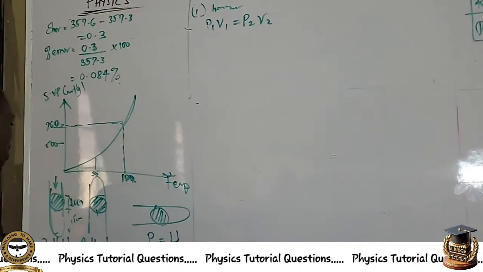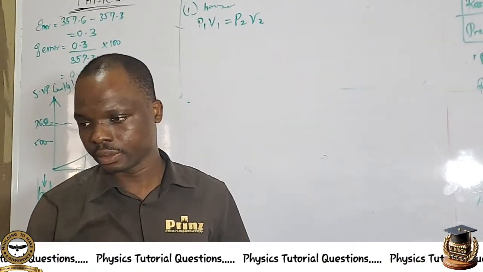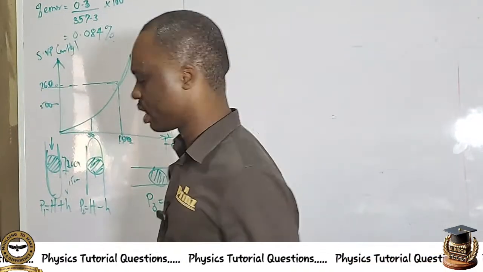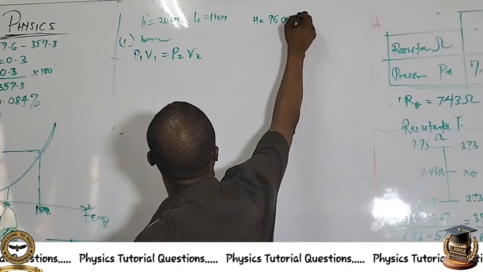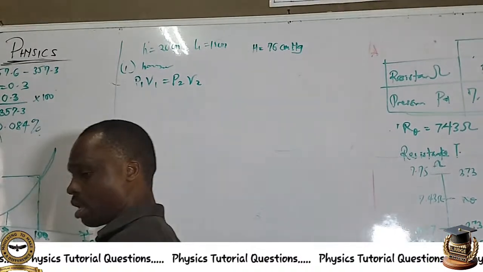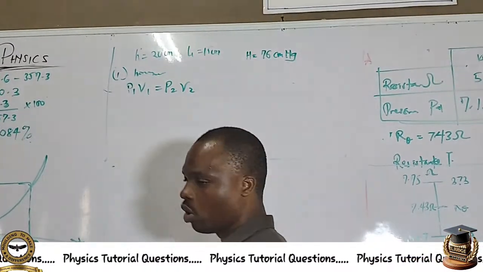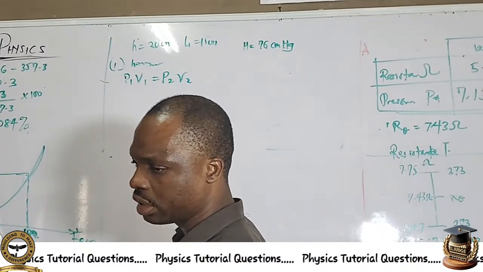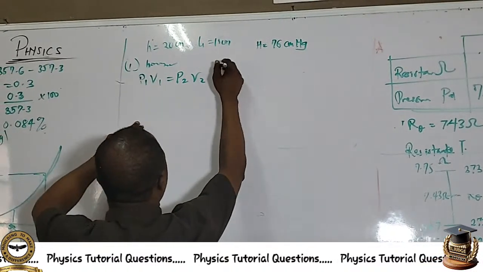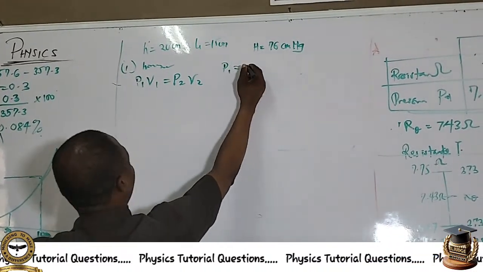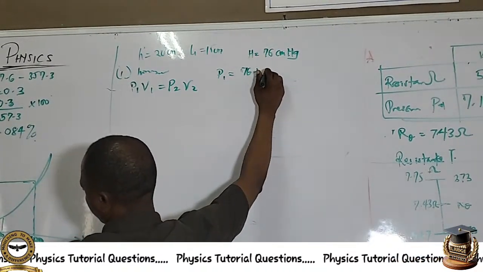Our P1 will be the atmospheric pressure plus the H. We have been given the atmospheric pressure as 76 centimeter of mercury. So how do we solve this question? We are using Boyle's law. So we are relating it, and in that case, what's the pressure here? Since pressure 1 is held here, we have 76 plus the height 20.